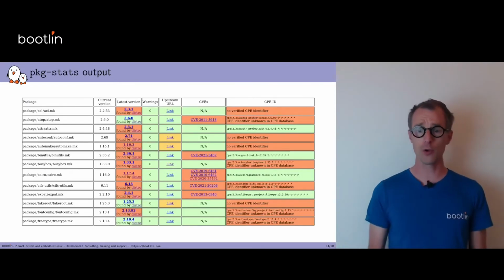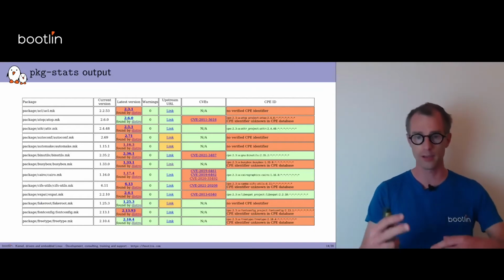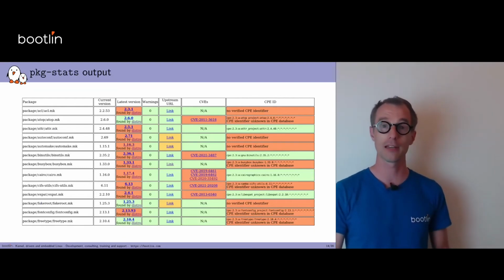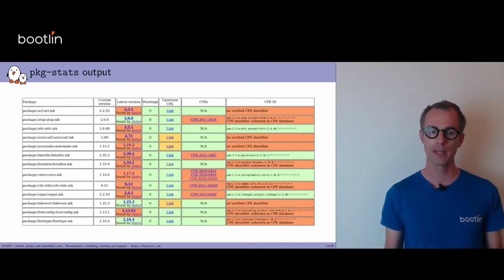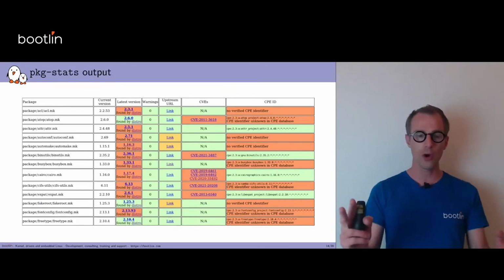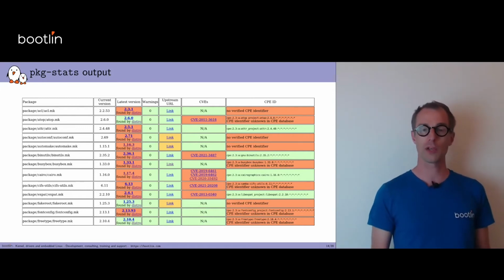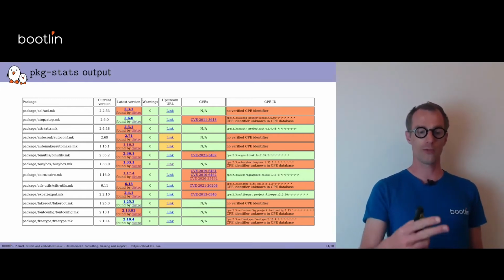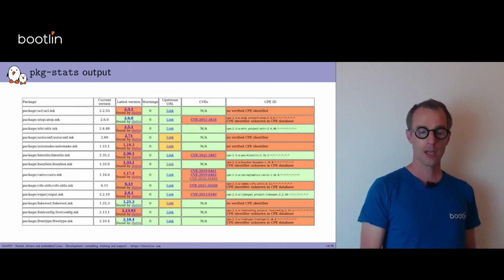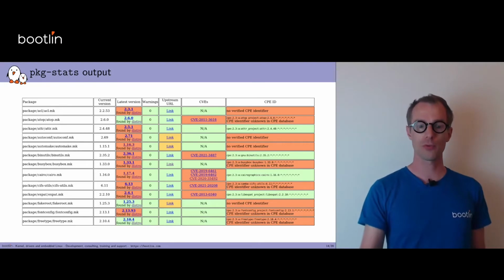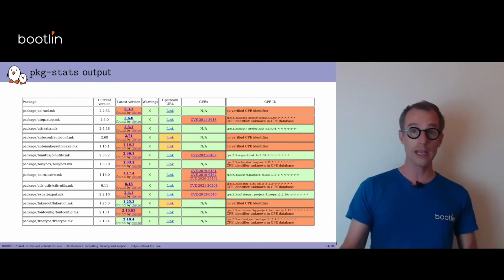So the actual output looks a little bit like this. Of course, the exact output might be slightly different depending on your configuration, and it has been a bit stripped down on the slide to fit. But basically, for every package in your configuration, it tells you what version of the package you're using. If this information is known, it also tells you if there is a newer release available upstream. The fact that you're not up to date may be normal, right?